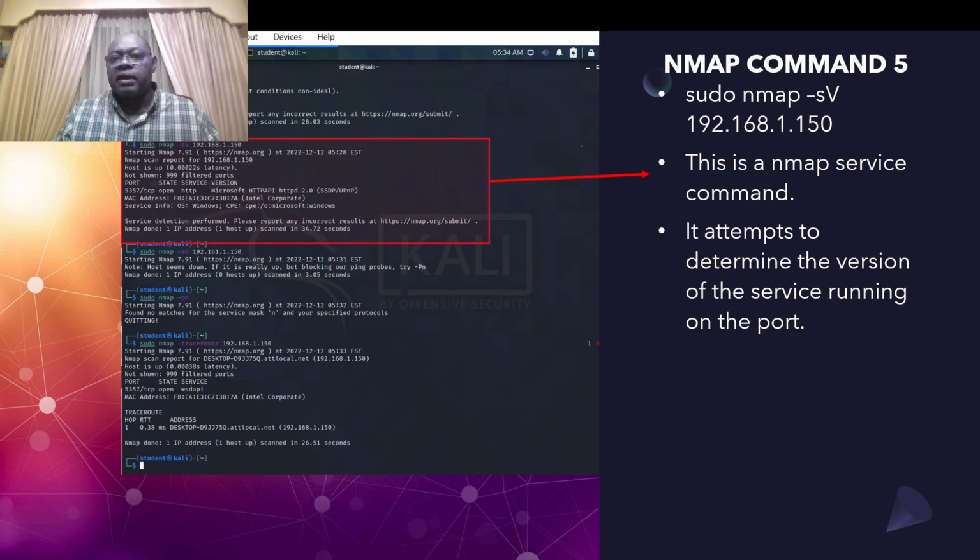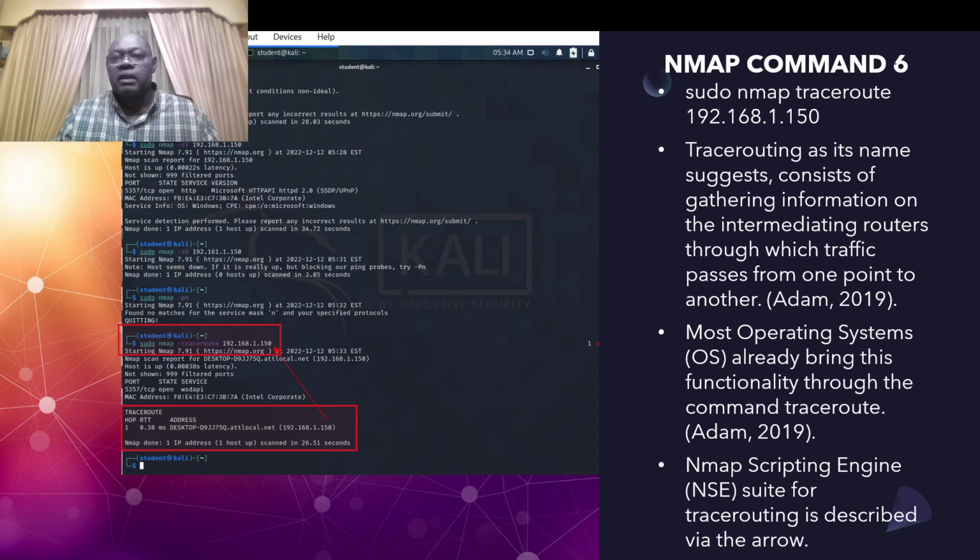The fifth Nmap command I used was the -sV. This is an Nmap service command. It attempts to determine the version of the service running on the port. The sixth Nmap command is a traceroute command.